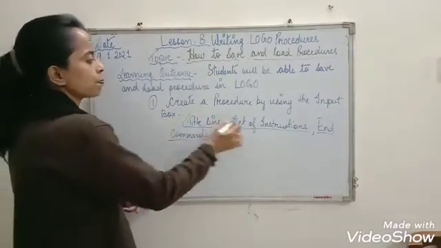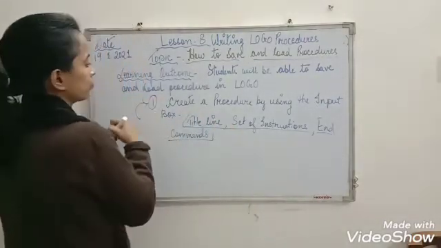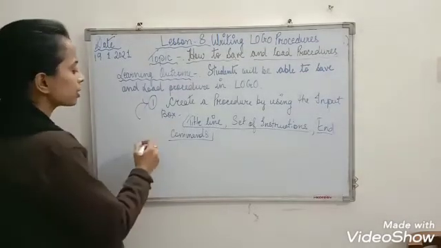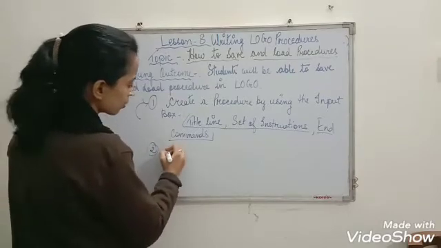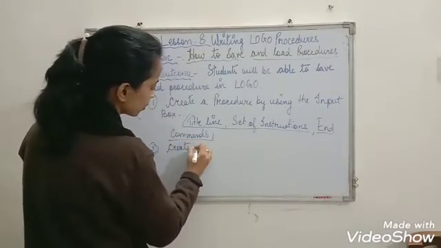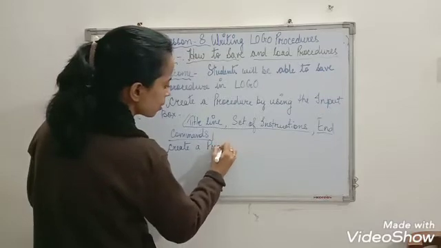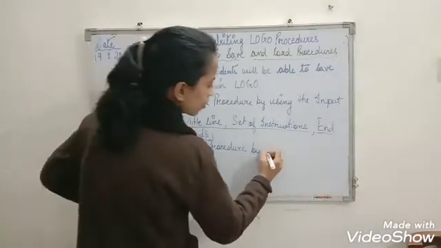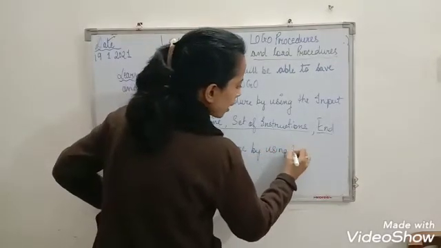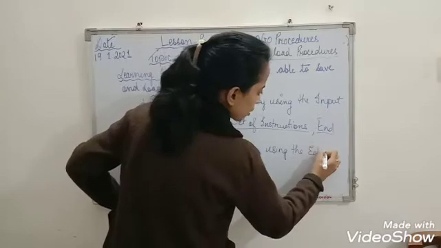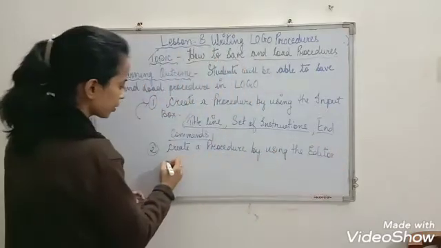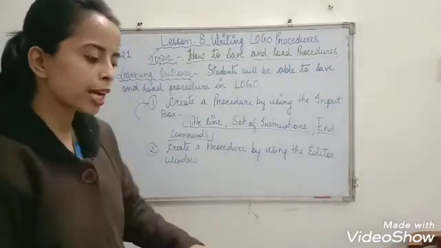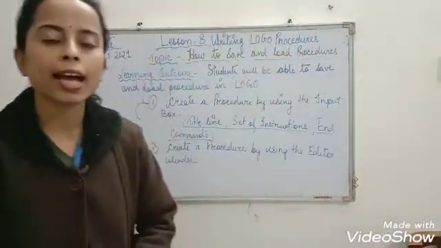So these three parts come under the first way, create a procedure using the input box. What is the second one? Create a procedure by using the editor window.